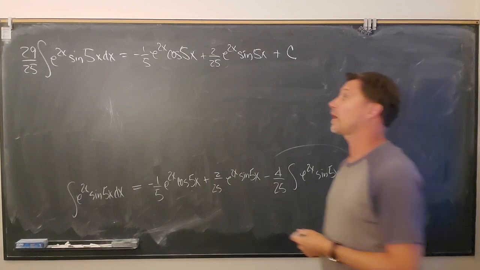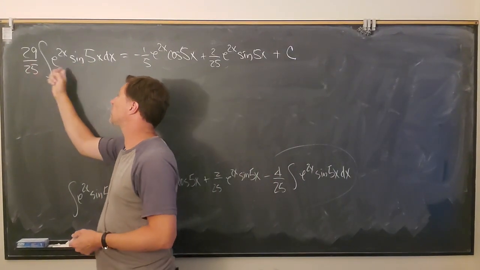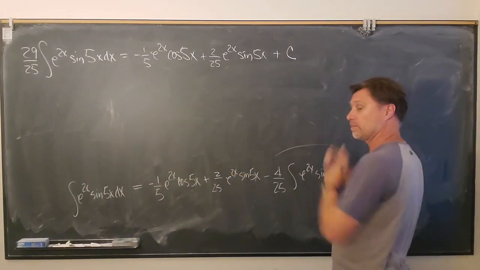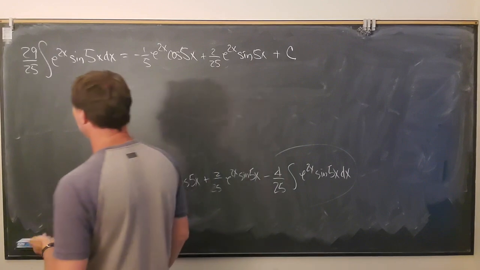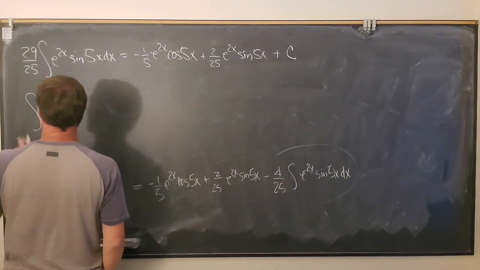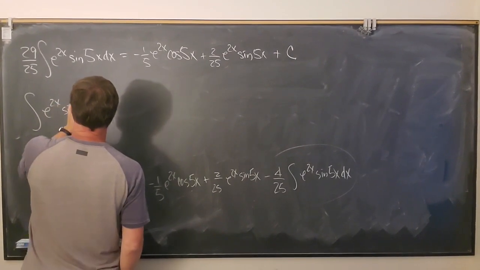Okay, now remember we were trying to compute this integral right here, and now what I know is that 29/25 times this integral equals this stuff. So if I want to solve, multiply both sides by 25/29, we get integral e to the 2x sine 5x dx.